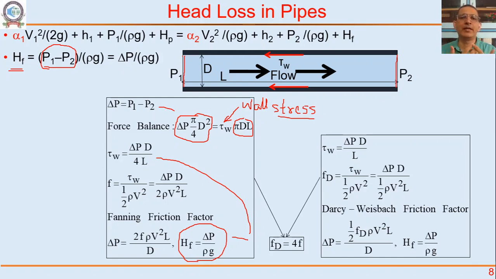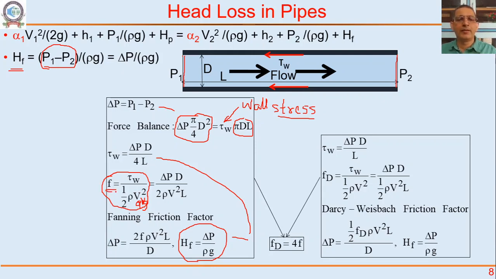So the way we try to do it is define something called the friction factor. We define this friction factor as tau W divided by the kinetic head that is going in the pipeline, half rho v square, and this v is nothing but the average velocity in the pipe. Because we have used the kinetic energy correction factor, even if the flow profile may not be uniform, we are going to use the average velocity for calculating this kinetic head, and for calculating this friction factor.